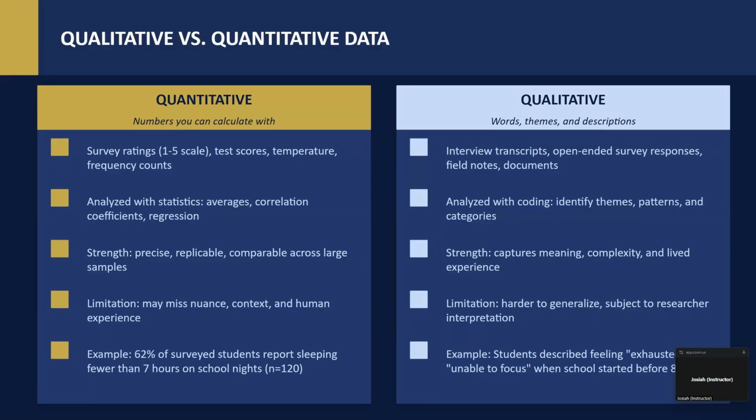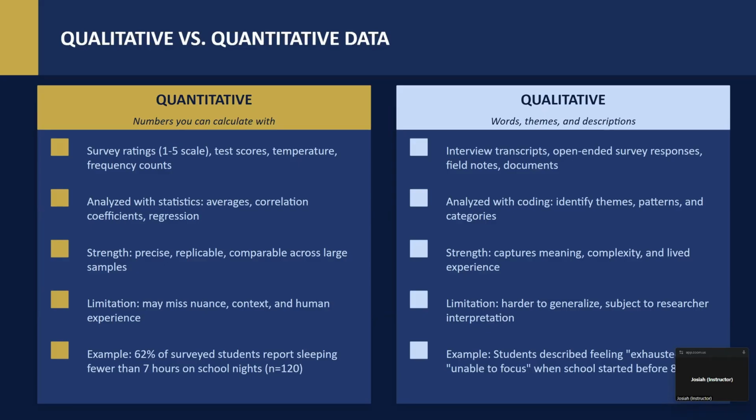And its strength is that it's precise, it's replicable, and it's comparable across large samples. But the limitation is that you may miss nuance, context, or human experience. An example of quantitative data is 62% of surveyed students report sleeping less than 7 hours on school nights.